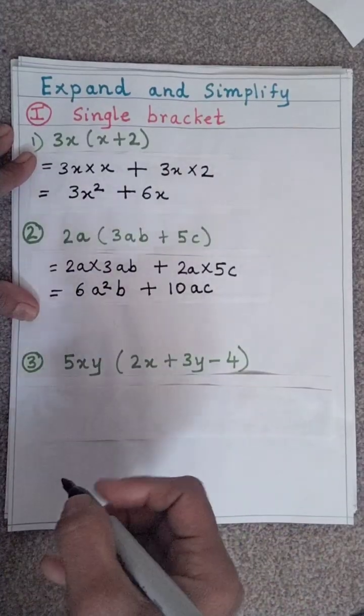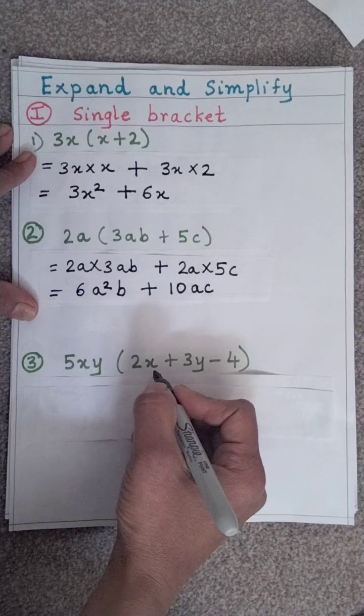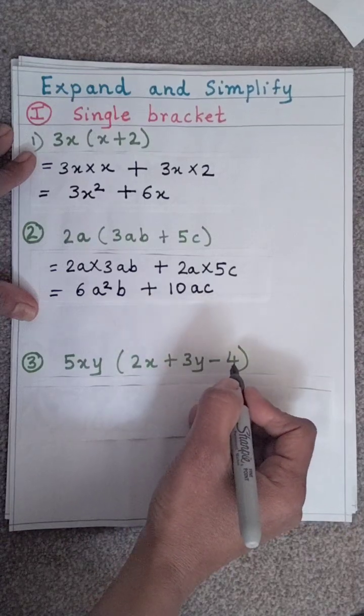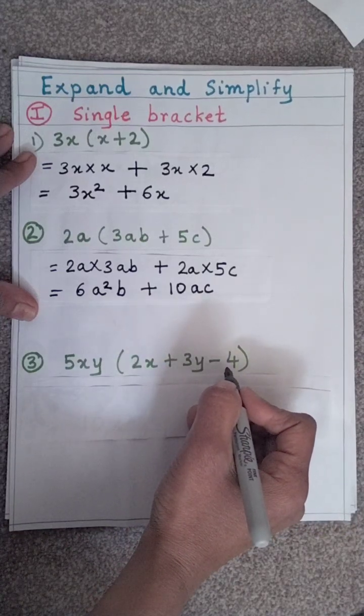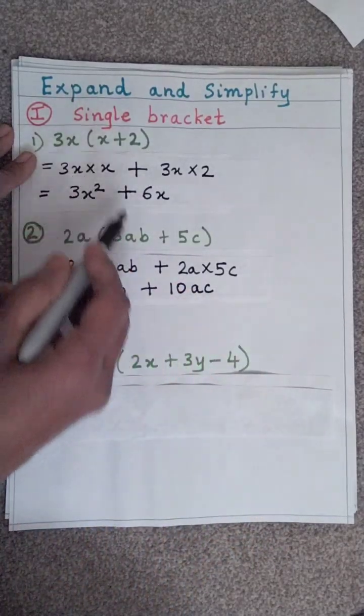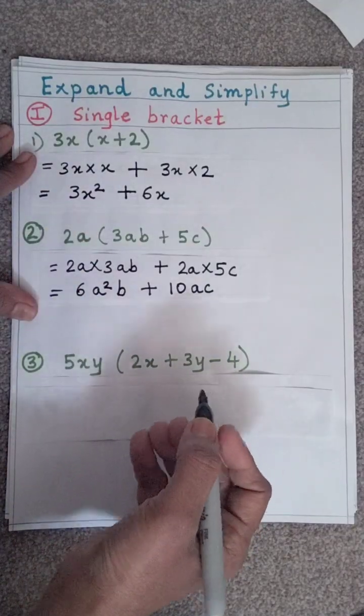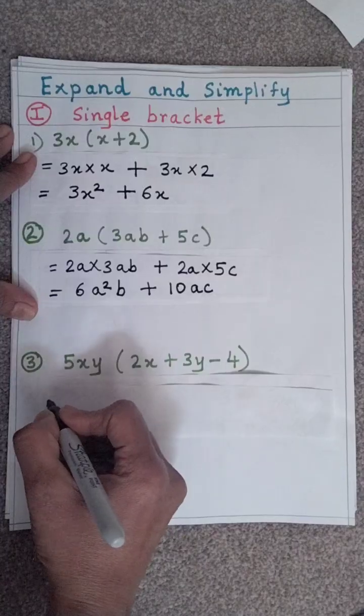Simple. Another question. 5xy, then there's a bracket 2x plus 3y minus 4. So this time it is minus. So just be mindful where there is plus or minus. In the previous two examples there were plus signs here. Here there is plus as well as minus. So you have to be careful. Put an equal to sign.